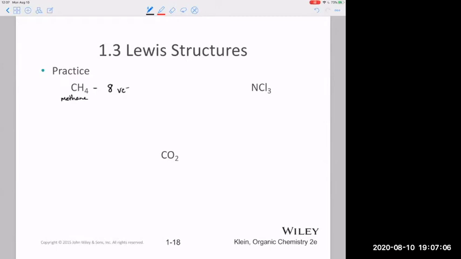Again, this is methane. I'm going to put the least electronegative atom in the middle. That's actually hydrogen, but hydrogen can never have more than 1 bond, so we know it's not going to go in the middle. In this case, it's carbon. And then I'm going to decorate it with those constituent atoms. Then you want to draw in single bonds.